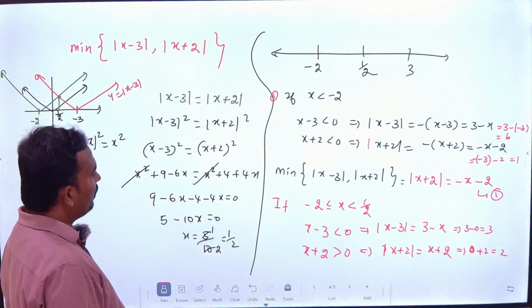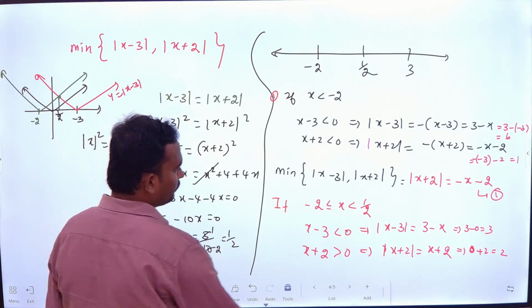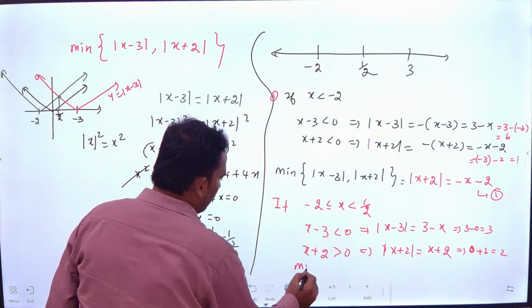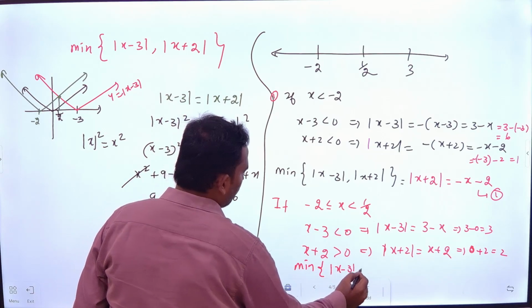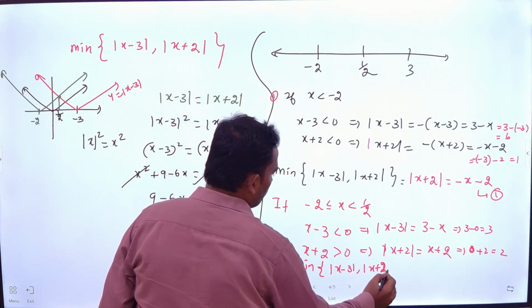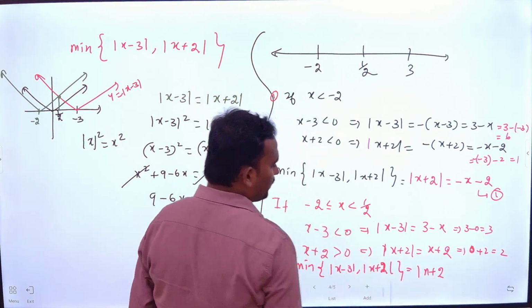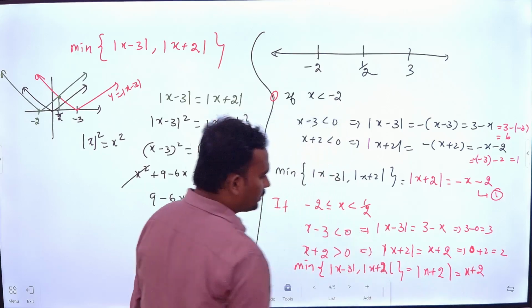So in this case also, the minimum will be what? Mod x plus 2 only, right? So the minimum of mod x minus 3, mod x plus 2 is mod x plus 2 only, because this is the smallest, right? So this is positive, therefore we can write x plus 2. Okay.